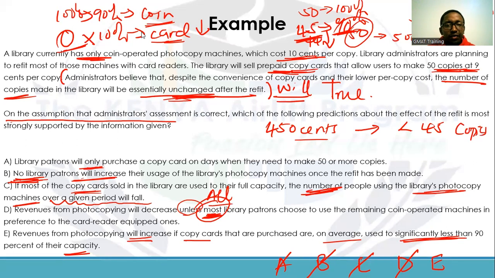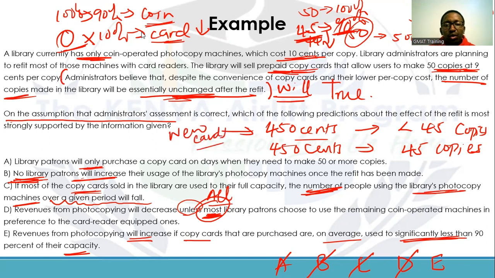For the previous use, if you paid 50 cents, because the price was 10 cents per copy, you would print 45 copies.